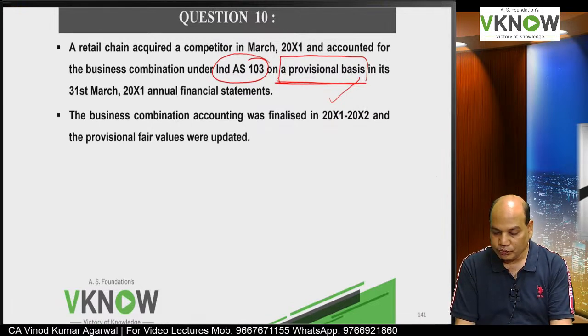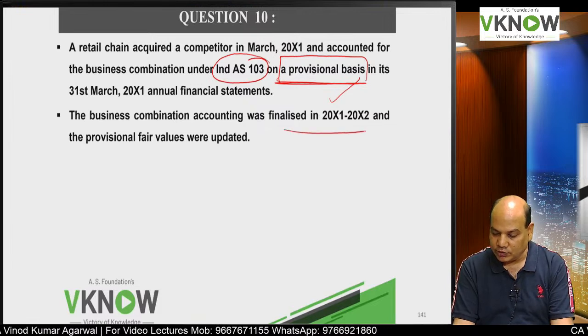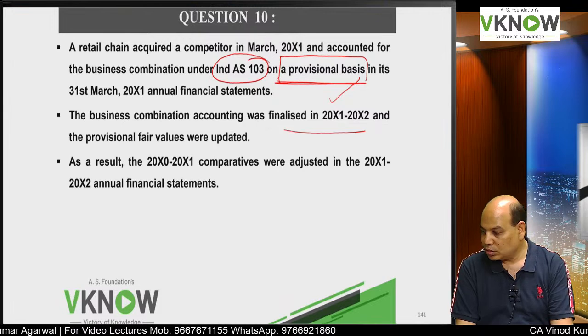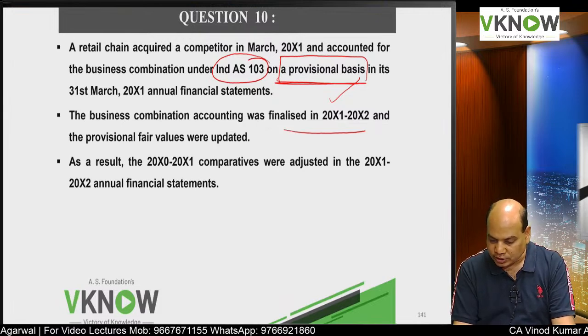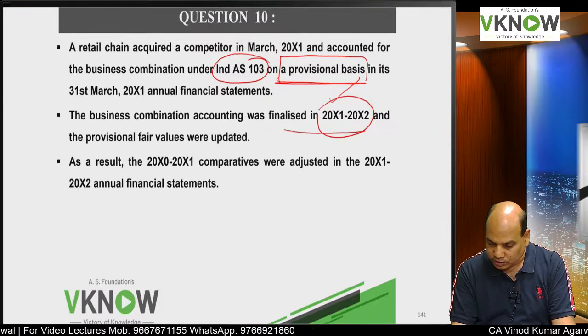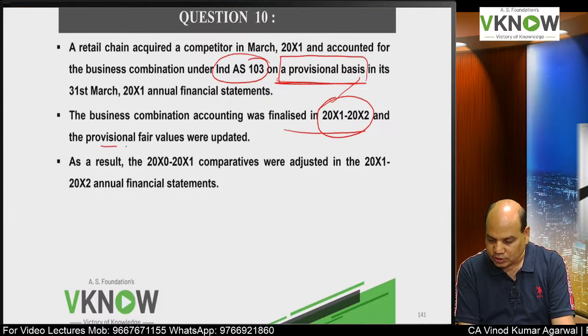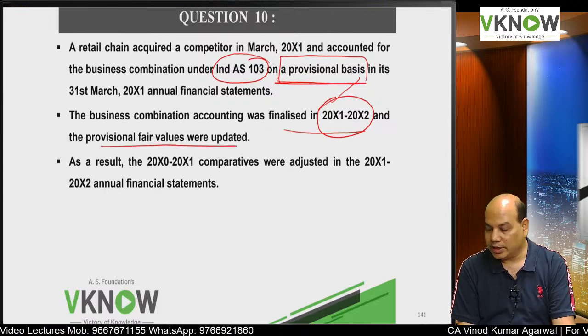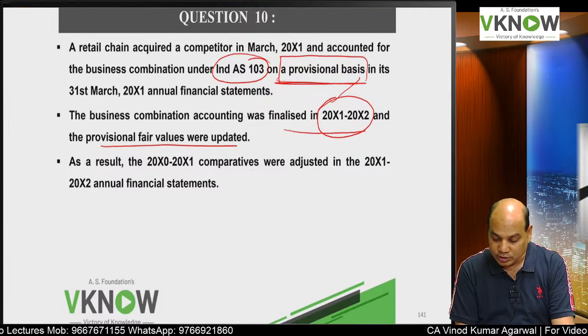The business combination accounting was finalized in 20x1-2 and the provisional fair values were updated. So what they did, within 12 months they found the proper fair values and they updated it. So what will happen now?